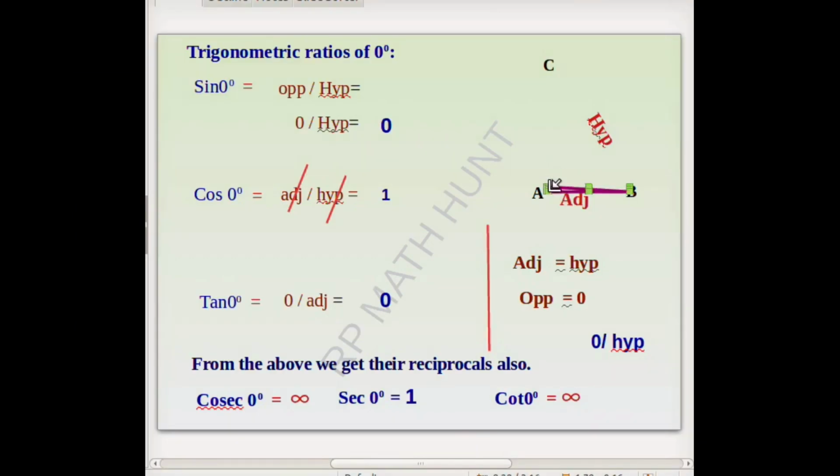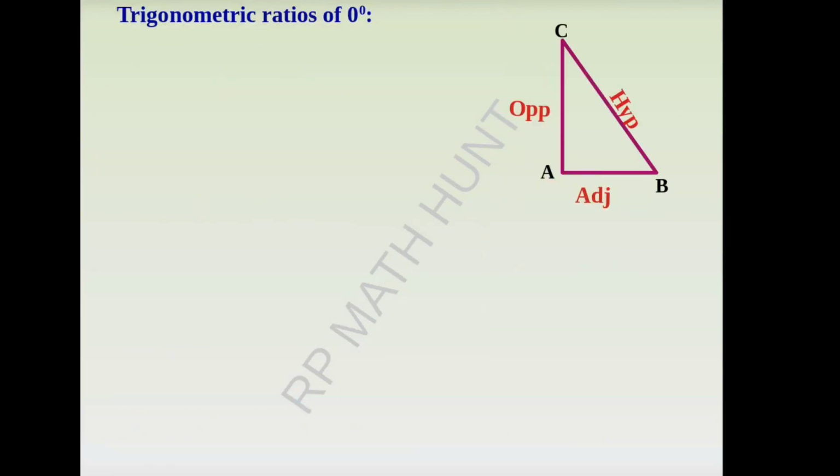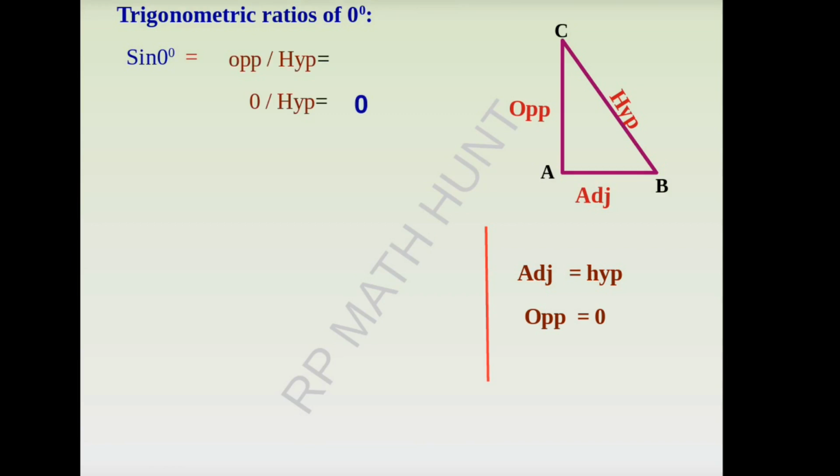Now observe once again, my dear children, at sin 0 degrees. Previously theta became 90, now theta became 0. That is the reason now opposite is vanished. Now adjacent became hypotenuse and opposite is vanished. Sin 0 is equal to opposite by hypotenuse, that is 0 by hypotenuse, which is 0. Cos 0 is equal to adjacent by hypotenuse.